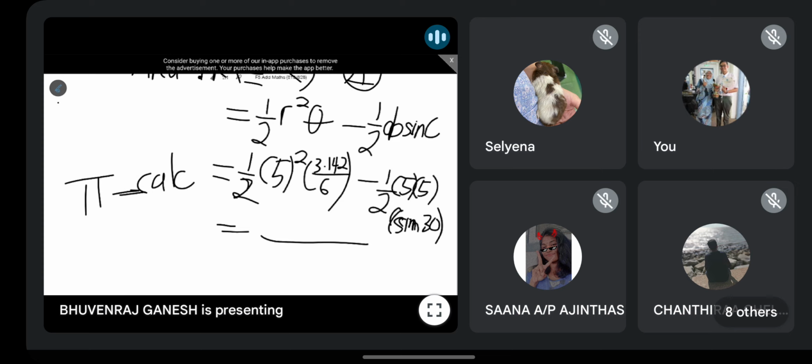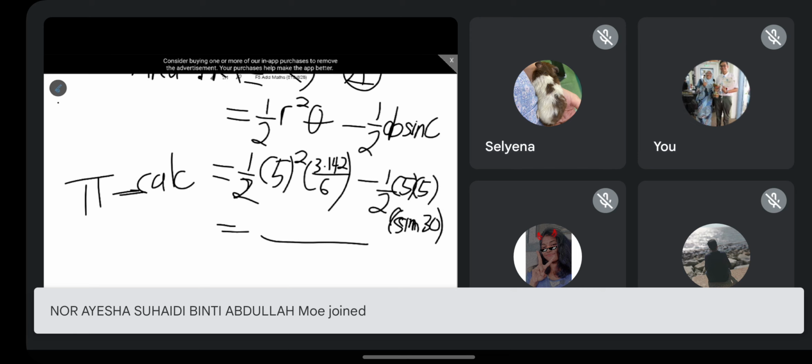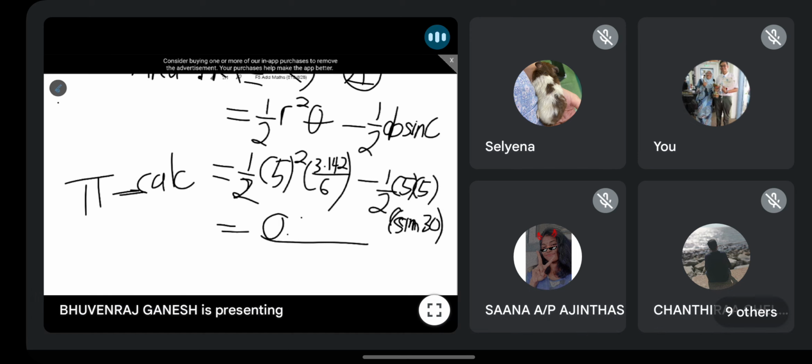Kalau nilai dia kecil pun tak apa. If the value small also is okay. So if you press correctly, you should get this answer. Okay, kamu sepatutnya dapat nilai ni. Okay, who get this value? Boleh angkat tangan? Okay, Sada.